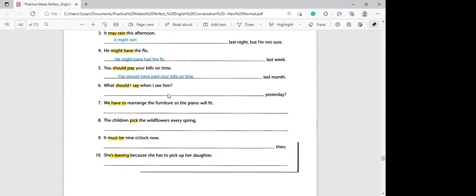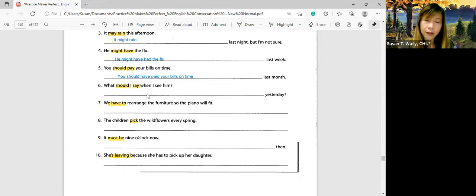What should have I said when I have seen him yesterday? Remember, when you have should, it is going to change to should have plus the past participle.